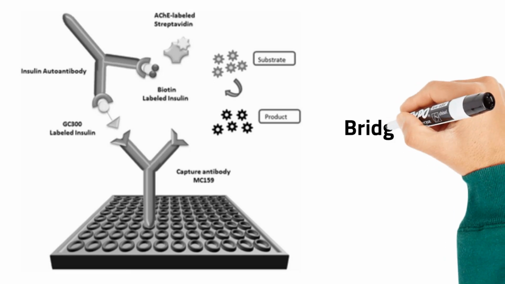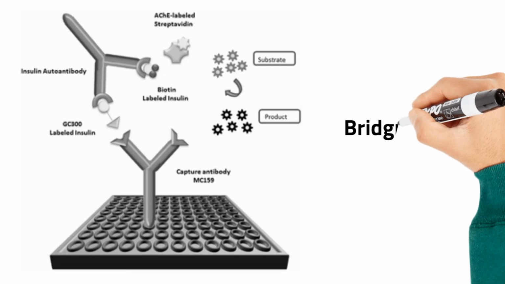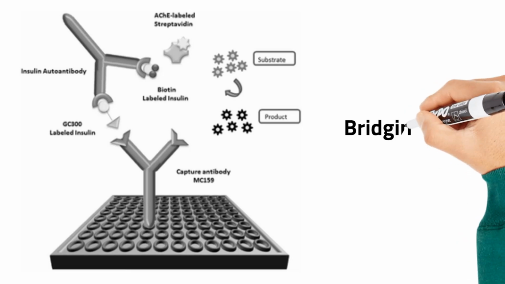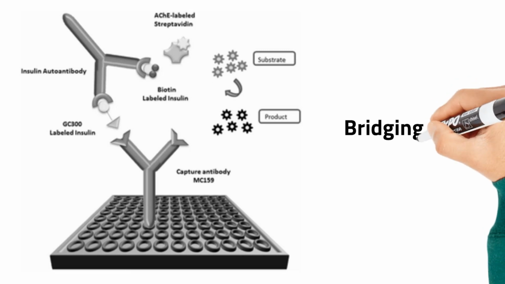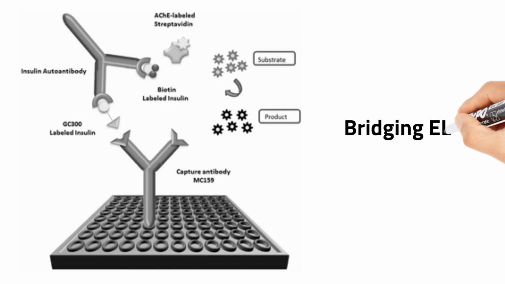In this variation, the biotin-bound soluble antigens will bind to the previously formed antigen-antibody complex, and the enzyme-tagged streptavidin will then bind to the biotin, which will produce a colored signal when a specific substrate is added that will then be measured to quantify the autoantibodies in the sample.